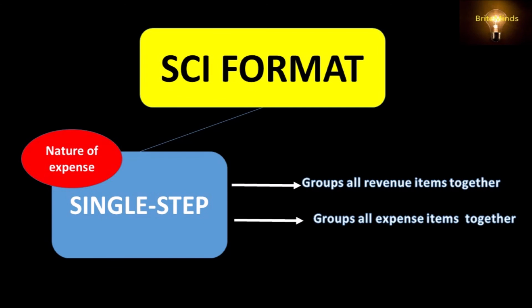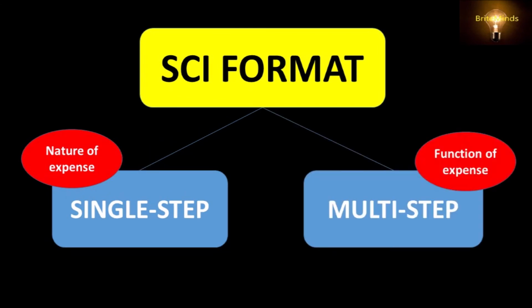The single step SCI is closely linked to the nature of expense format, for it lists down the expenses based on the source of expenses such as salaries, purchases, and supplies. The multi-step SCI format will be discussed in another video.